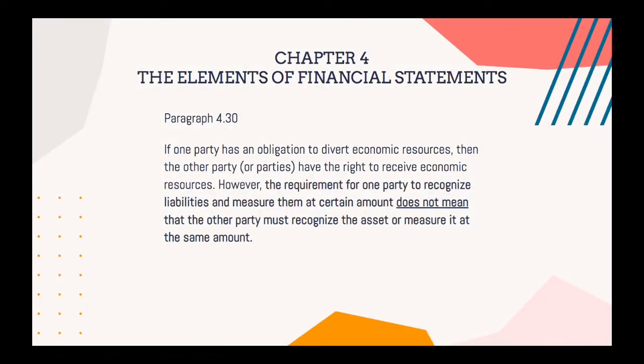The next one is from Chapter 4, which discusses the elements of financial statements. Paragraph 4.3 states that if one party has an obligation to transfer economic resources, then the other party has the right to receive economic resources. However, the requirement for one party to recognize liabilities and measure them at a certain amount does not mean that the other party must recognize the asset or measure it at the same amount.